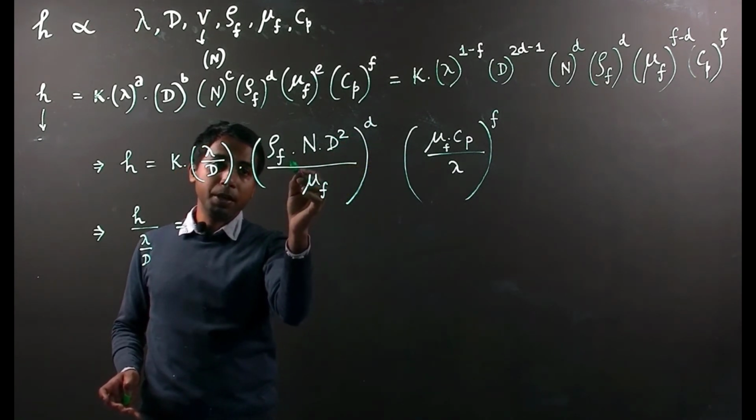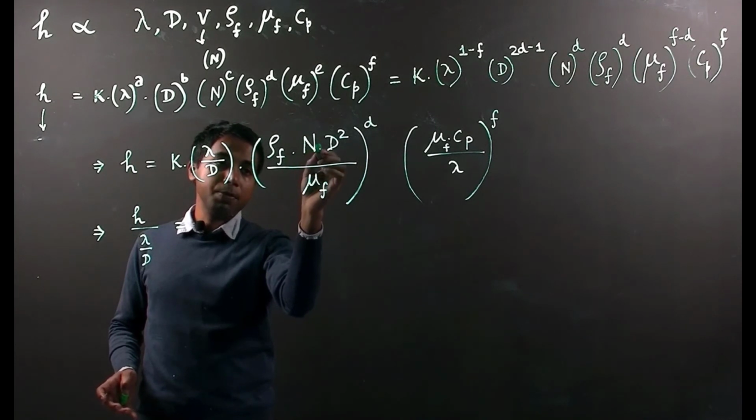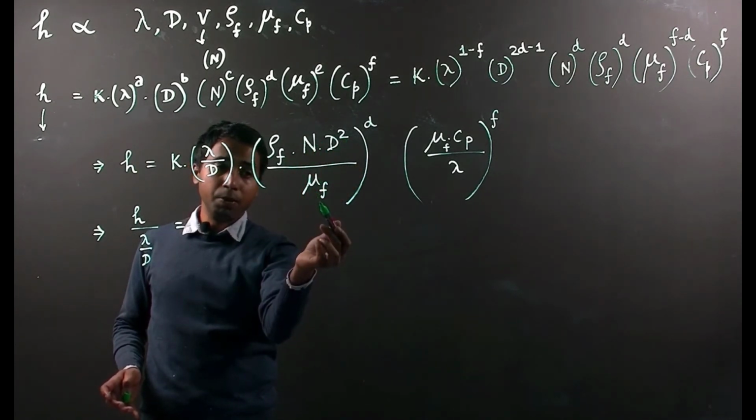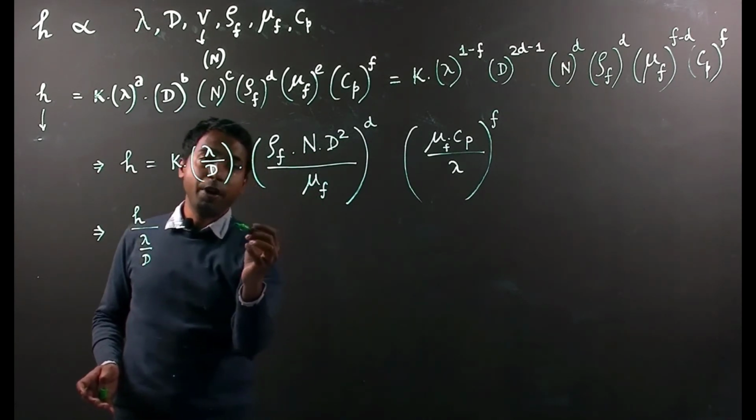This is nothing but the density times the velocity times the characteristic dimension, and then in the denominator you already have the viscosity, so this is the Reynolds number.